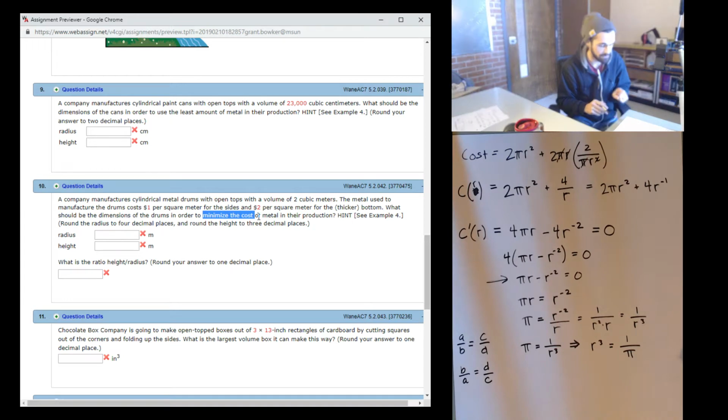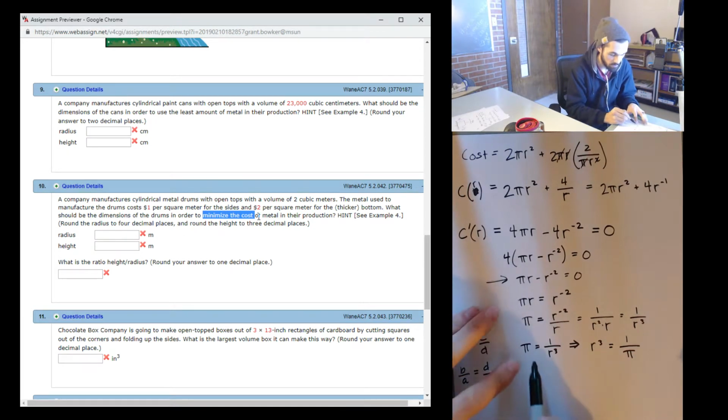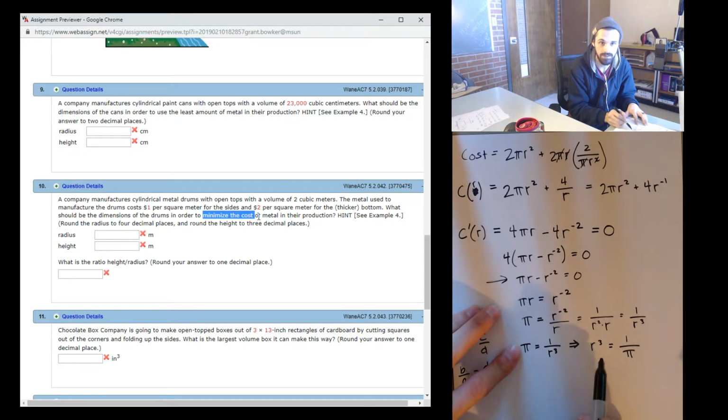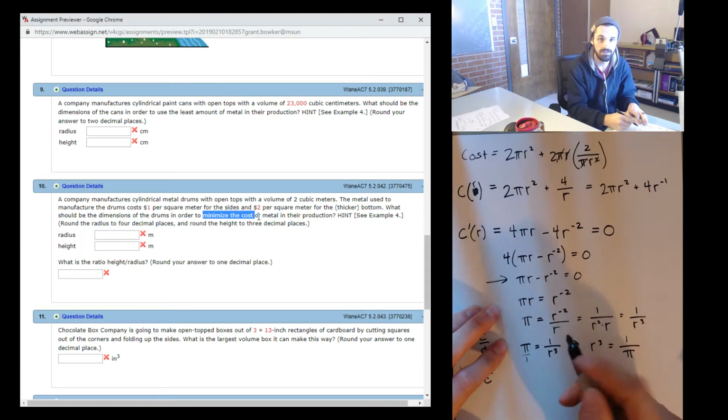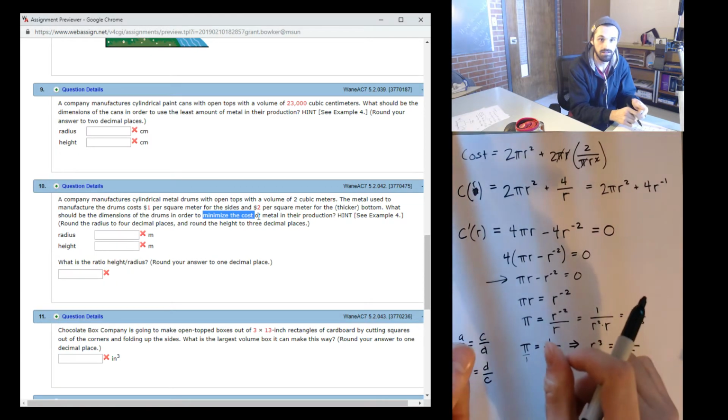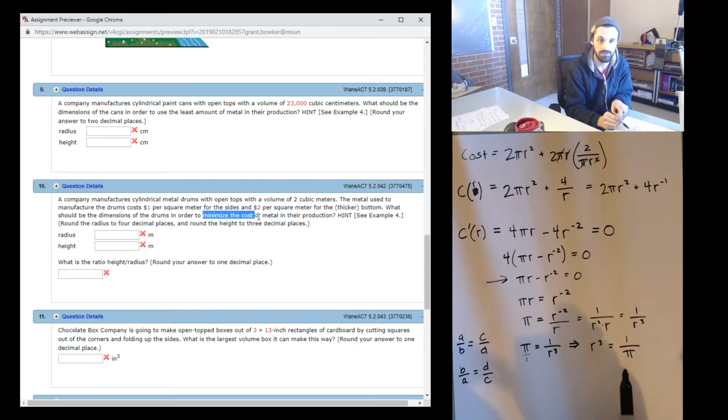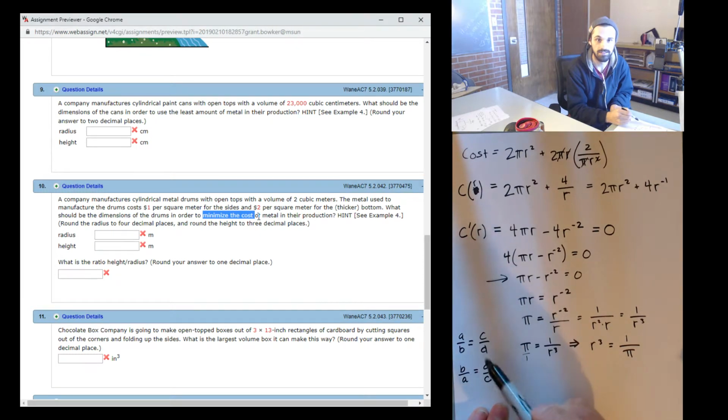It's a really quick and useful tool that you don't see very often, but I implemented it here because it would be really nice to see this r cubed go upstairs. You could look at it as multiplying both sides by r cubed and then dividing by pi, which you would still end up with the same result. Similarly, this really is pi over 1. You can take both of these fractions and flip them and set them equal to each other again, which in generality is listed here.